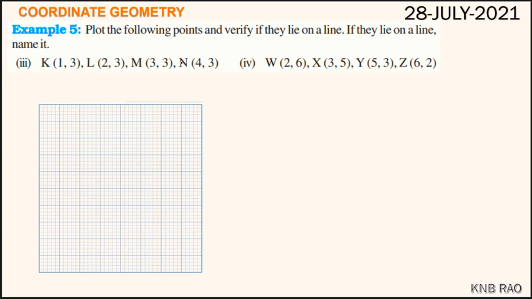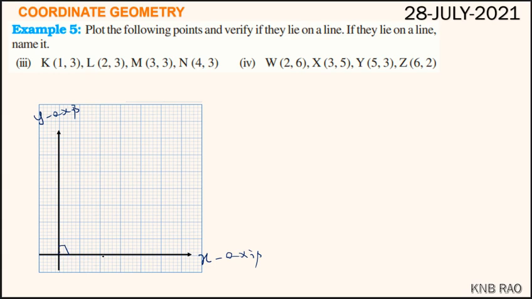You have taken a graph sheet and drawn the x axis or horizontal axis, and the vertical axis or y axis. Both axes are perpendicular to each other, and their point of intersection is the origin.